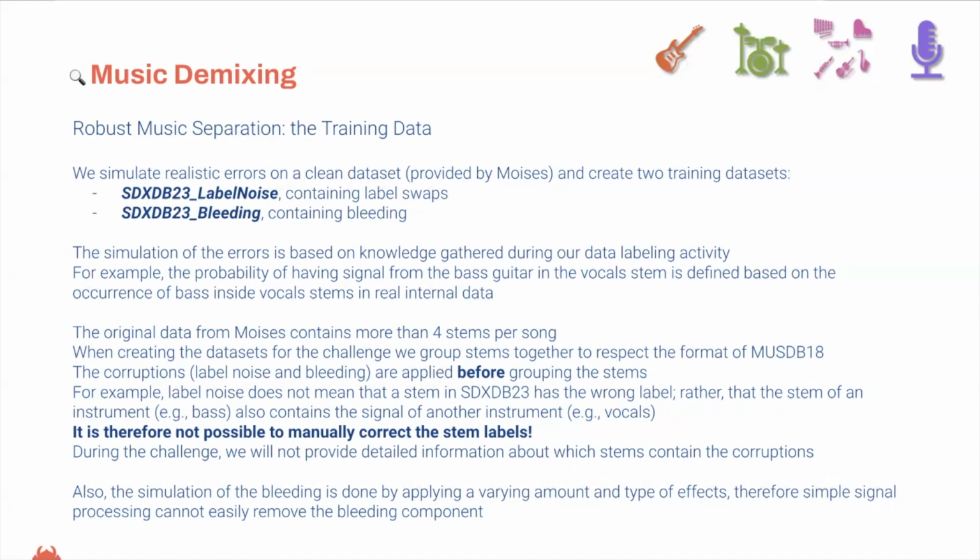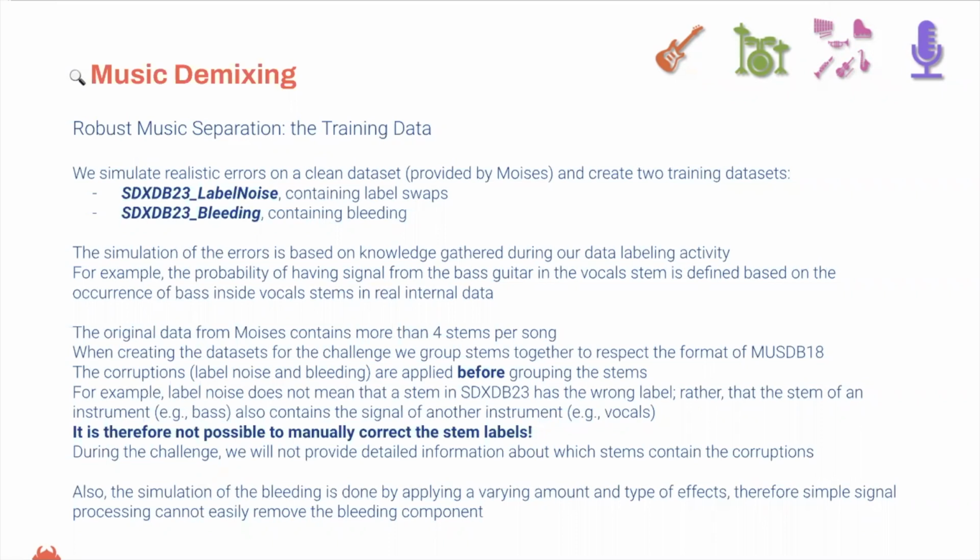Okay, so it's not enough to simply change the identity of that stem manually to solve the issue. It's actually a mixture stem in that case. It is therefore not possible to manually correct the stem labels by simply changing the identity of the file name, basically.